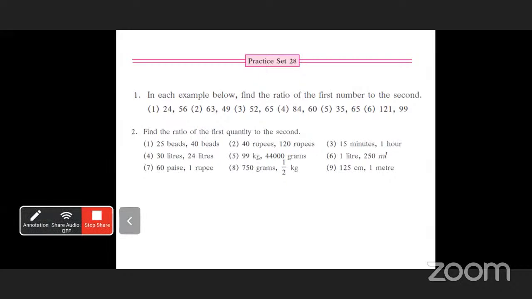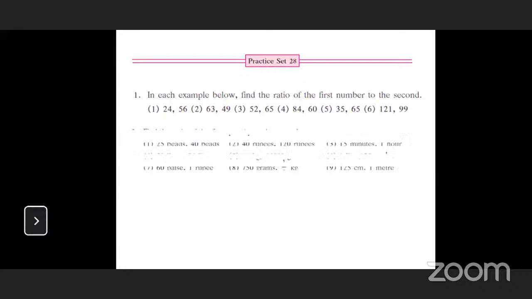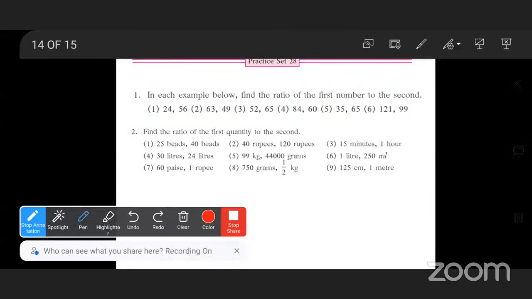Now if you see here, 1 liter is to 250 ml. So first you'll have to convert. Either you convert 1 liter into ml or convert ml into liter. So 1 liter is given and 250 ml is given.